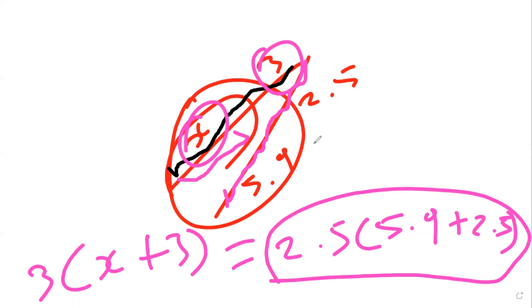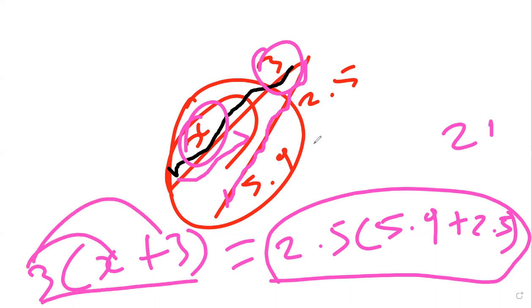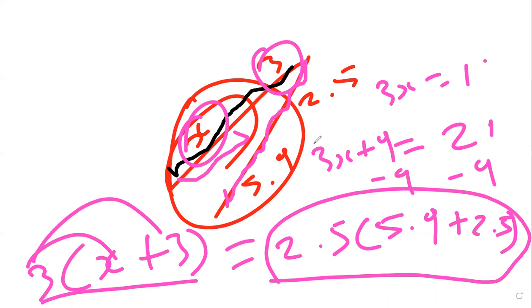On the left, 3 times X is 3X, and 3 times 3 is 9. So I have 3X plus 9 is equal to 21. I subtract 9 from both sides and get 3X is equal to 12. If I divide both sides by 3, I get X is equal to 3.